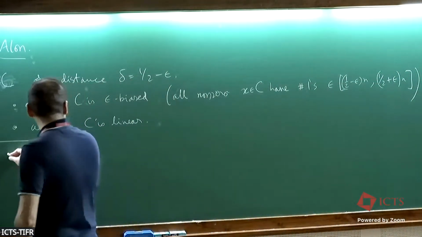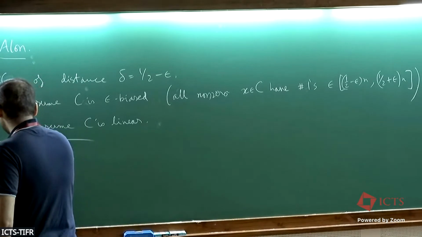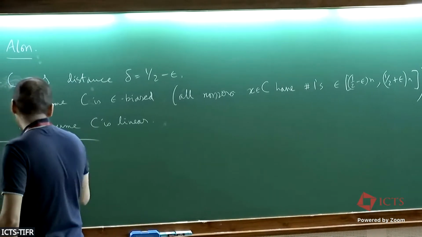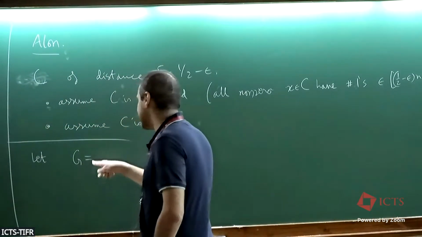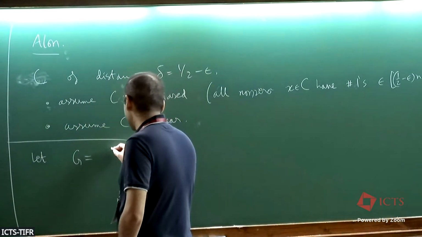So first, let G be the generator matrix of my code.